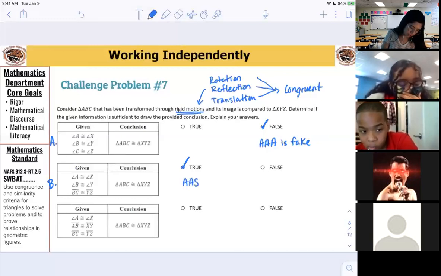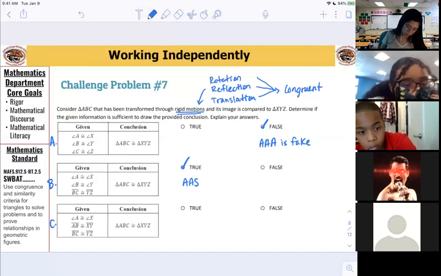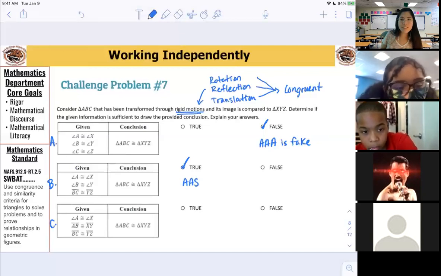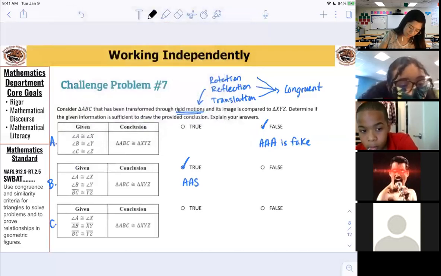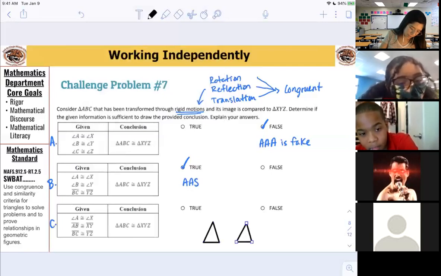And what about C? C is wrong. It gives us a bad word. What does that one give us? The word that haunts me at night. SSA. Let's double check just in case.